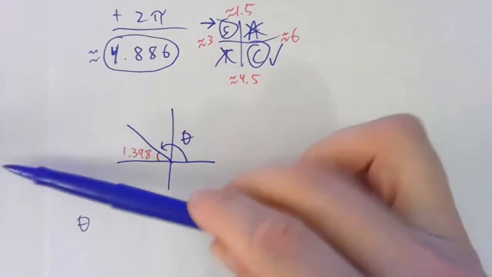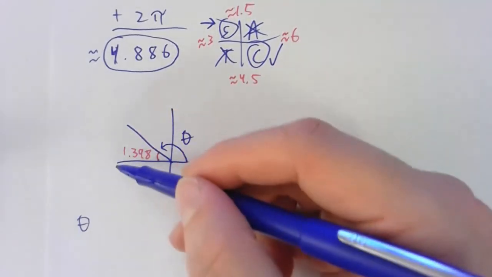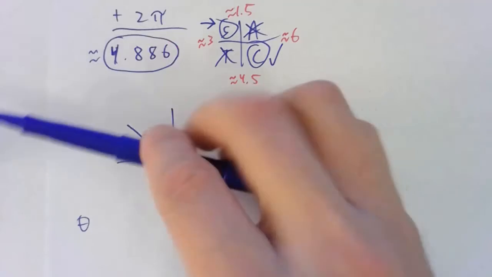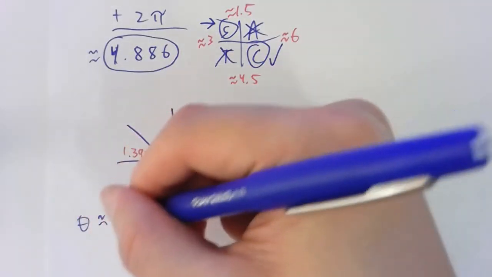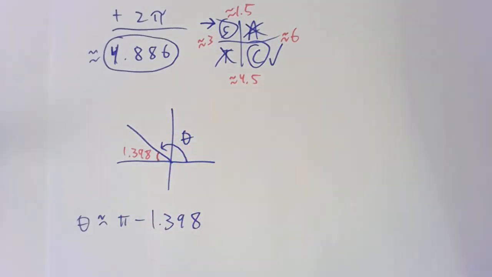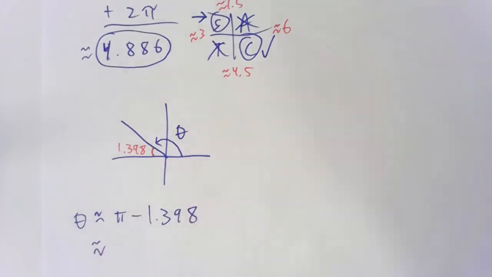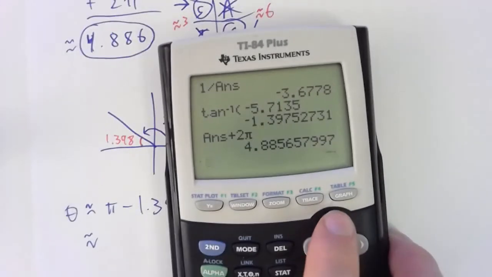Okay, so to find our angle, well, looks like we need to do pi. Remember, it's not 180 anymore. We're in radians now. We need to do pi and go backwards 1.398. Pi backwards. Okay. So pi minus this 1.398. All right. Well, let's see. In my calculator, let me go back.